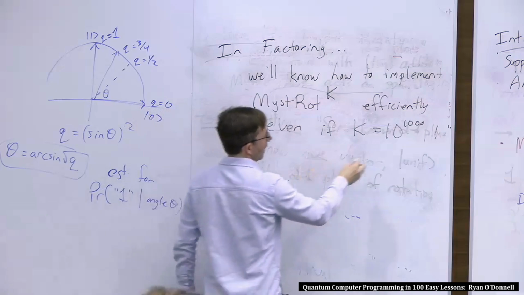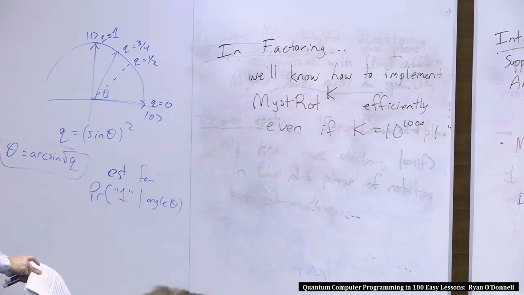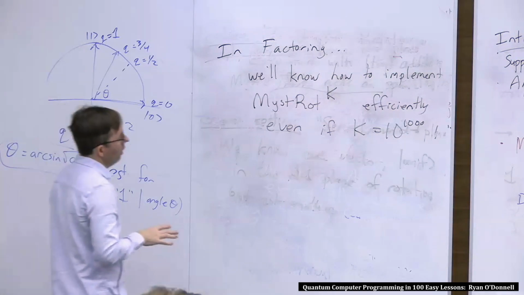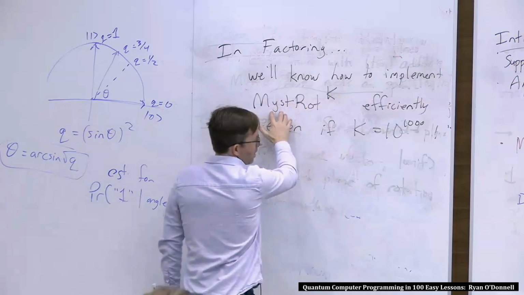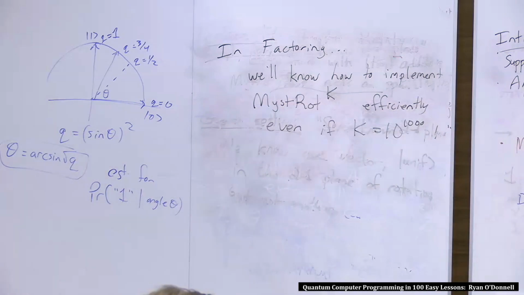And by efficiently, it'll be like, I don't know, 1,000 steps or something like that. And therefore, by plugging this into this algorithm, instead of taking 10 to the 1,000 steps, we'll take maybe 1 plus 2 plus 3 plus 4 plus ... 1,000 steps, and that's fine.